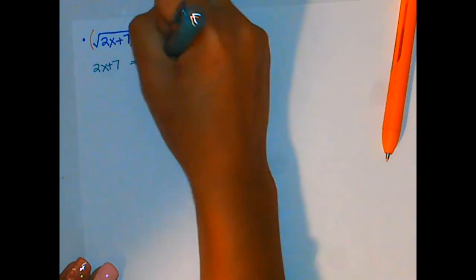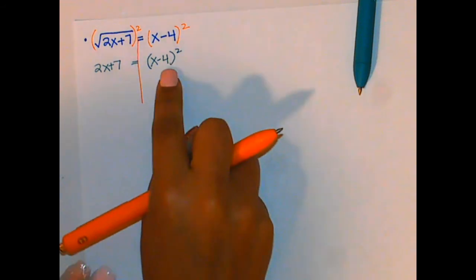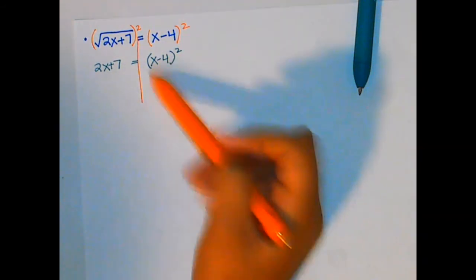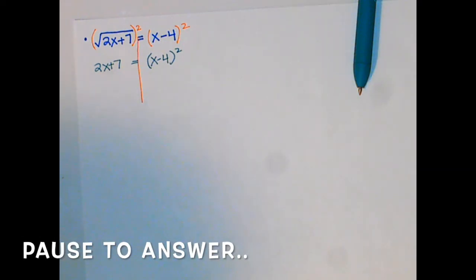That leaves me with 2x plus 7 on this side is equal to (x minus 4) squared. All right, so now go ahead and multiply this out and give me your new equation.